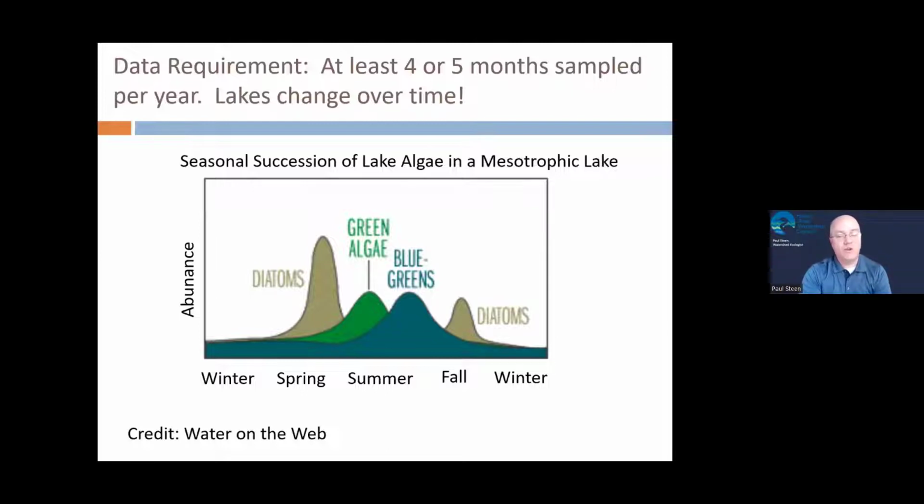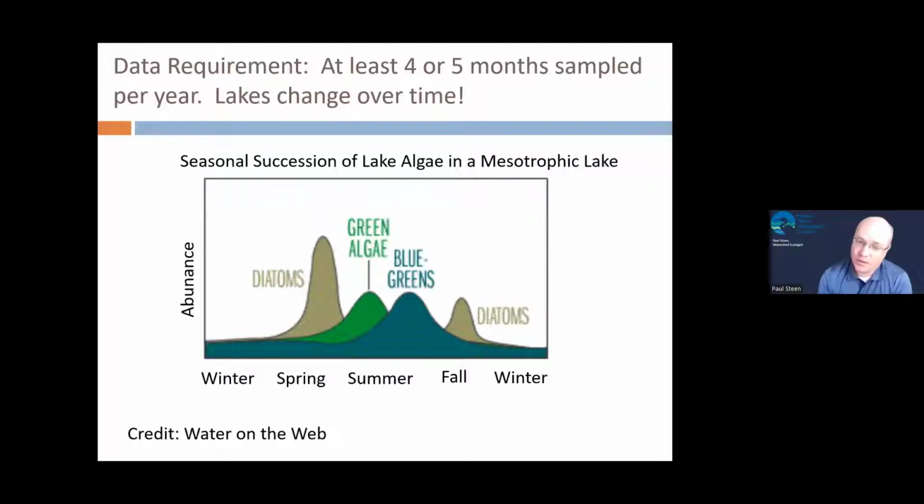We want you at a minimum to make sure you get 4 of the 5 months. If you only get 3 of the 5 samples, that's not enough to properly say we have a full good look at what's going on in your lake that summer, and it will not be added.